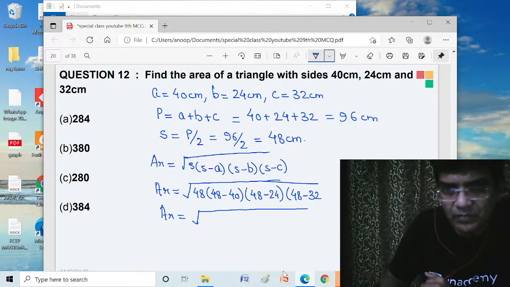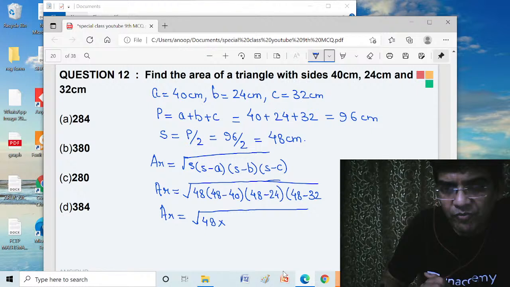So this will give me 48. 48 minus 40 will give me 8. 48 minus 24 will give me 24. 48 minus 32 will give me 16.